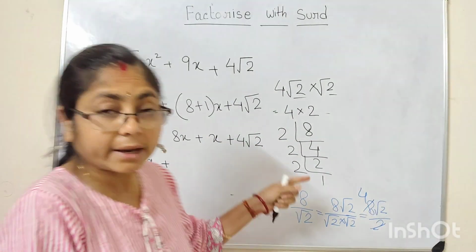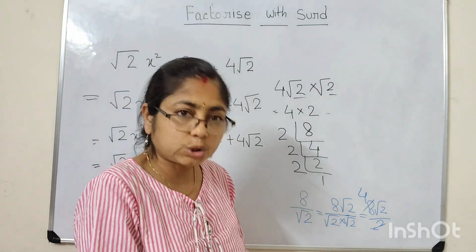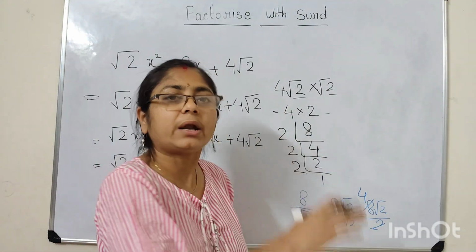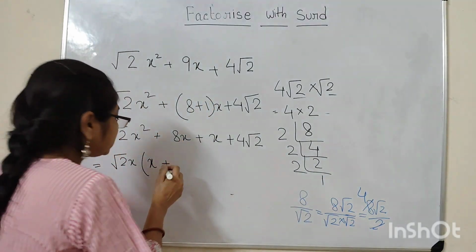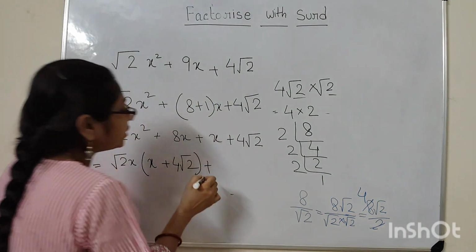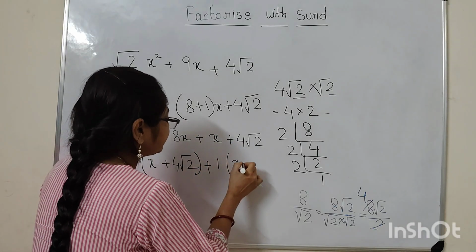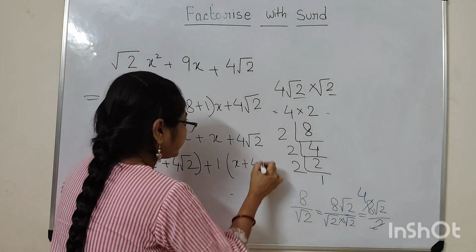There is no need to do this in the main math. I teach you, for that reason I break it down and show everything. So it is 4 root 2. And the same things you write. You write 1 common and x plus 4 root 2.